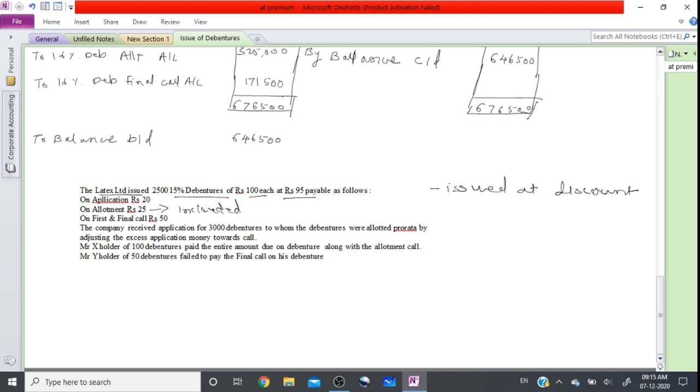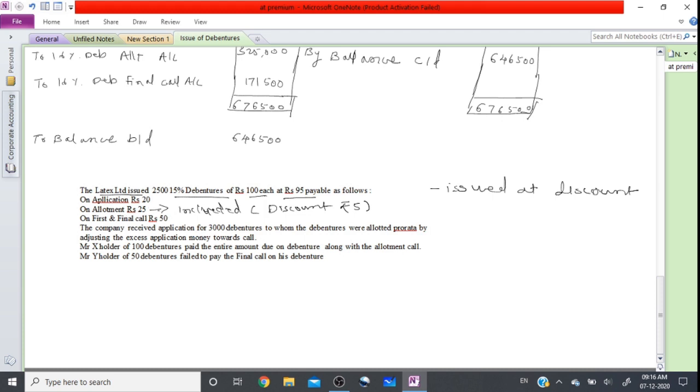Okay, so we have to remember discount of rupees is 5. Face value is 100, but actually the addition of this is 95. So 5 rupees is missing.